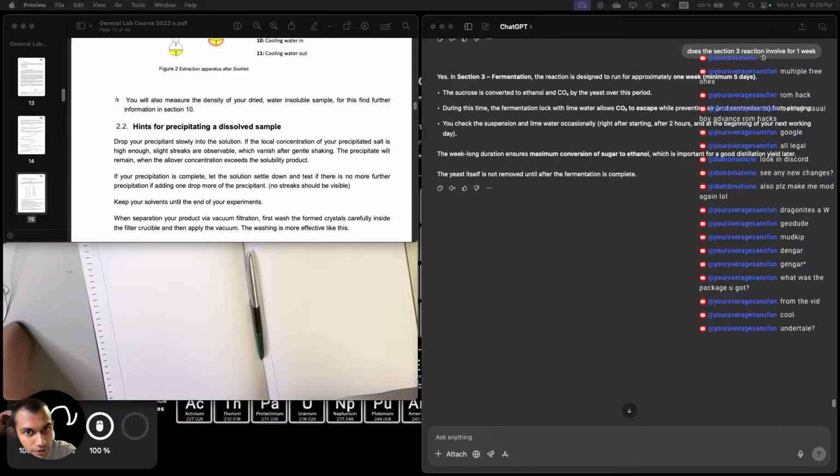After approximately a week, filtrate the suspension and put the filtrate into a round bottom flask. Filtrate the suspension. How do you filtrate? Cut out a full circle out of a filter paper that fits exactly.